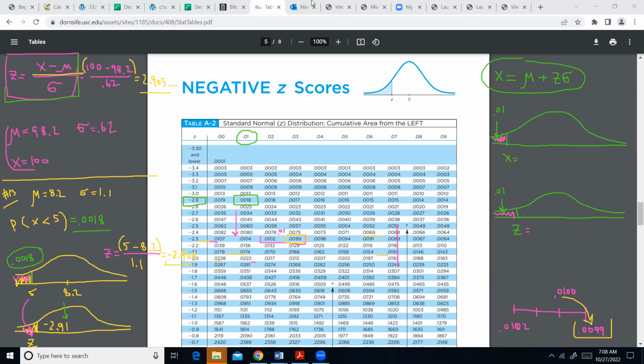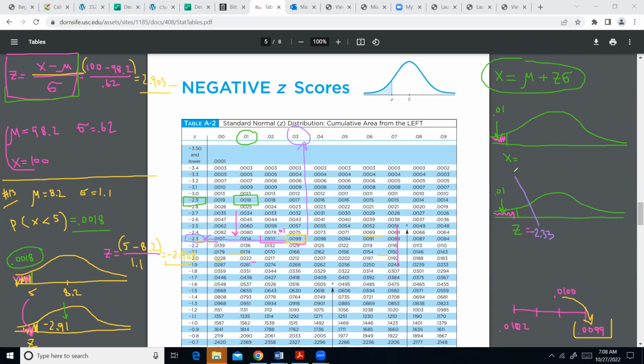So once you select that closest, you can see the Z-score that corresponds to it. So you can see that to this 0.099, on the top you go to 0.03, and to the left you go to negative 2.3. So it'll be put together with 2.3, another 3.